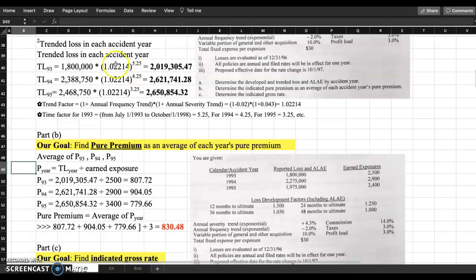So we have the following trended losses in each year from the previous section, and then you would just divide it by earned exposure, which is right here, and we get the following premiums. So the average premium is just the pure premium. So we get the pure premium as $830.48.